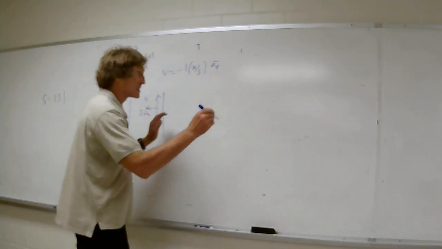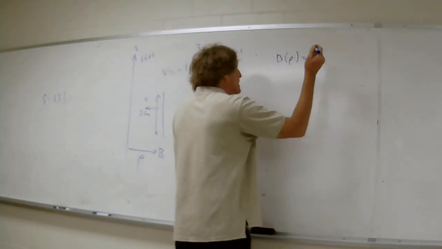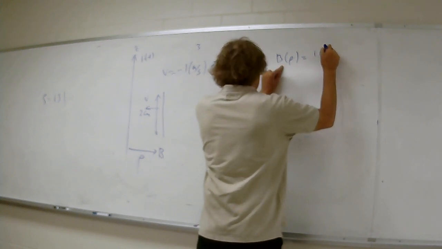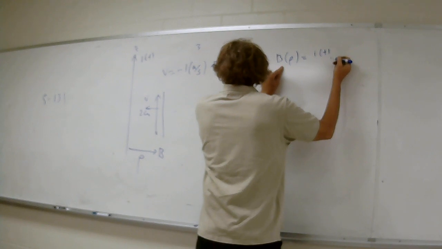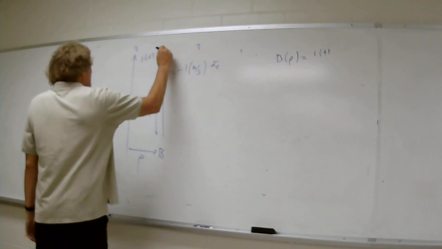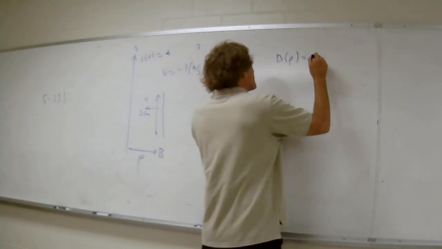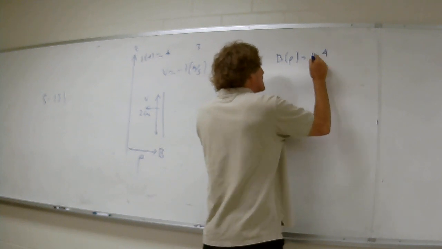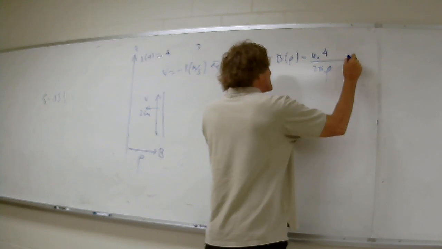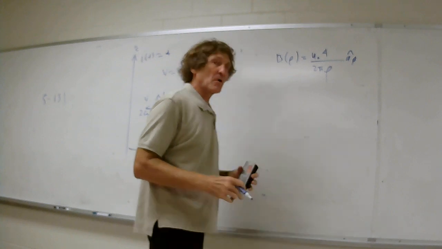So the B field is a function of rho, equal to mu naught times I of t over 2 pi rho. It gives a value for I of t: 4 amps, constant. So it's mu naught times 4 over 2 pi rho, in the a phi direction.